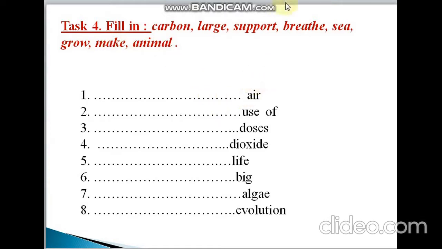For example, you will, birds, area. There are the right, correct words.